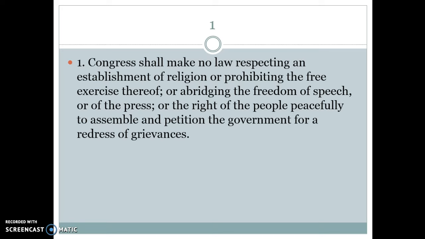They could not take away people's right to practice religion freely, take away people's right to speak freely, the right of the press to print things that were true, the right of the people to peacefully assemble and petition the government, which means get together and protest or write letters to the government or petition the government for problems that they had.